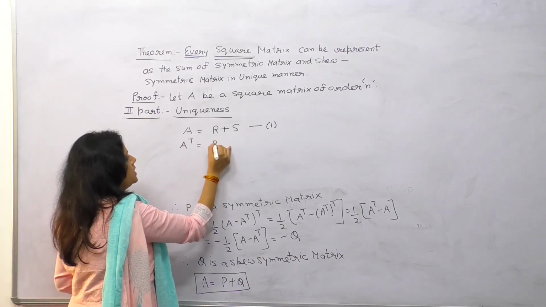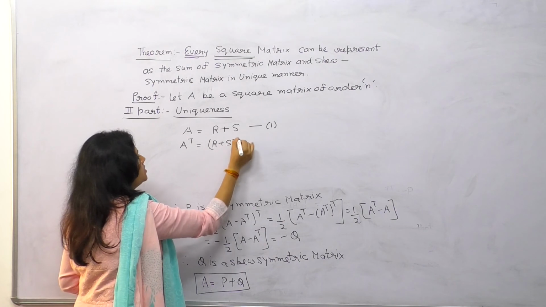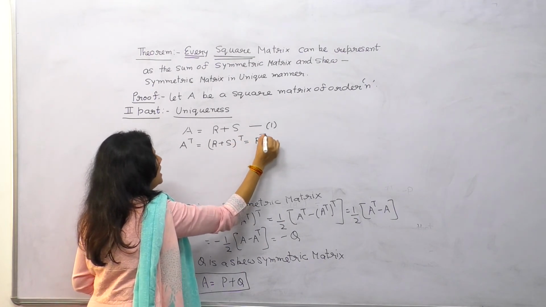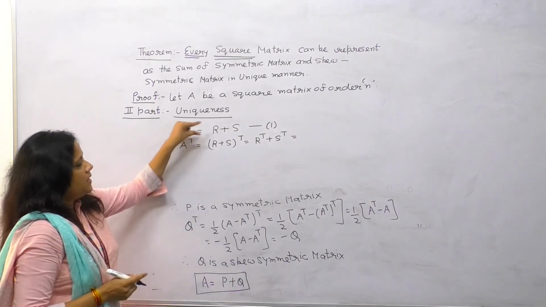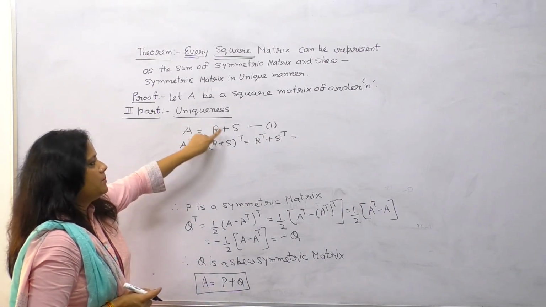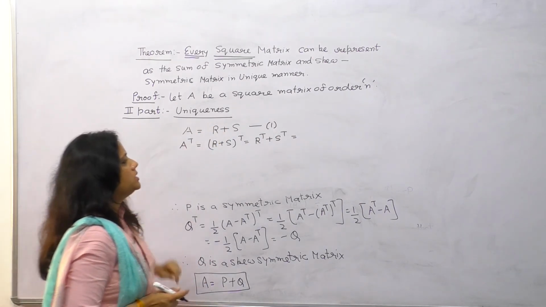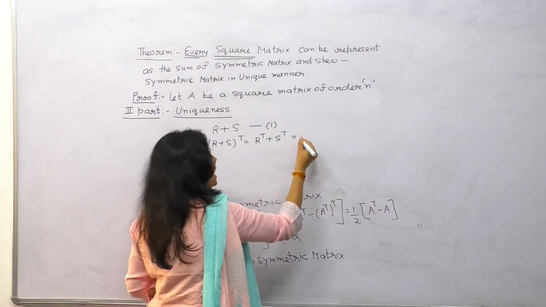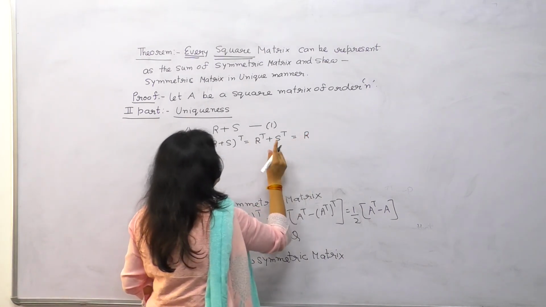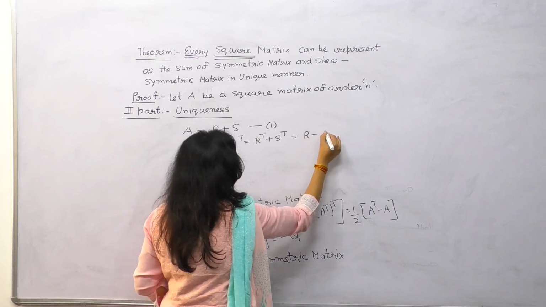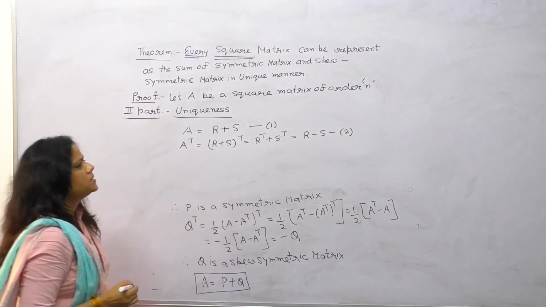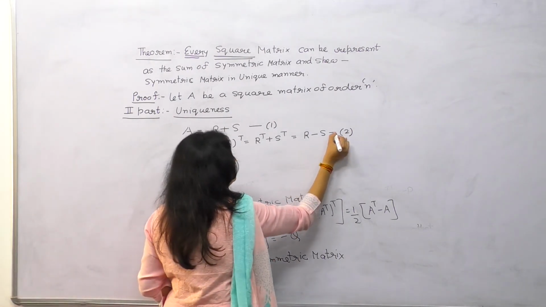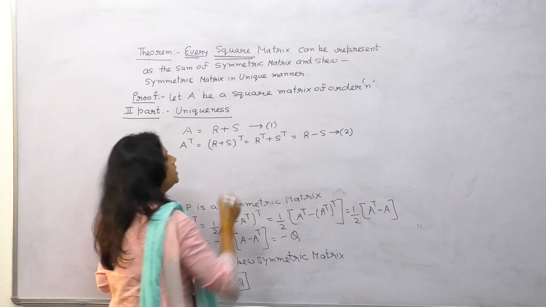A transpose is R plus S transpose, that is R transpose plus S transpose. Because we assume that R is a symmetric matrix and S is a skew symmetric matrix, R transpose is equal to R and S transpose is equal to minus S. So this is equation 2 we assume here.